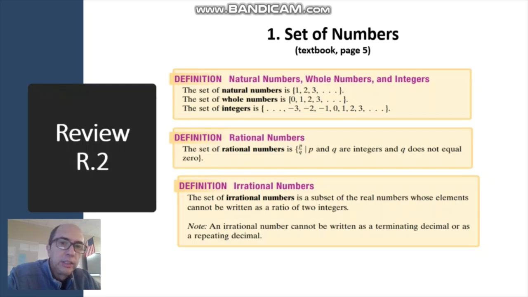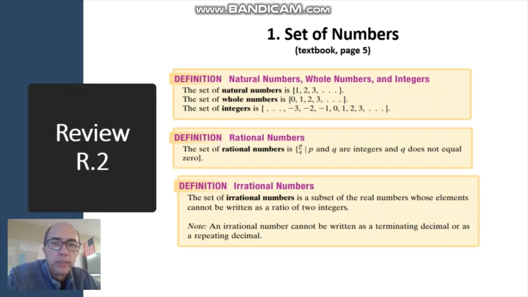The integers are the negative numbers, -1, -2, -3, and on. 0 is neither negative nor positive. And then the positive numbers, 1, 2, 3, 4, and on. All right, these are simple sets.